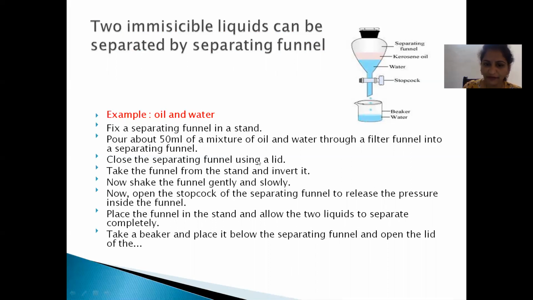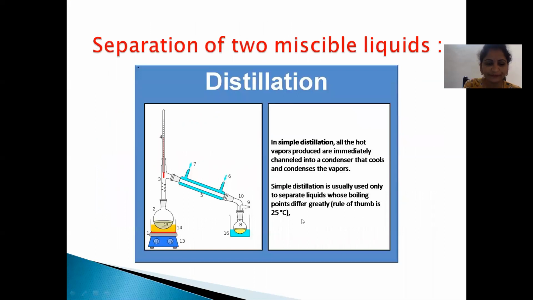Close the separating funnel using a lid. Take the funnel from the stand and invert it. Now shake the funnel gently and slowly. Now open the stopcock of the separating funnel to release the pressure inside the funnel. Place the funnel in the stand and allow the two liquids to separate completely.